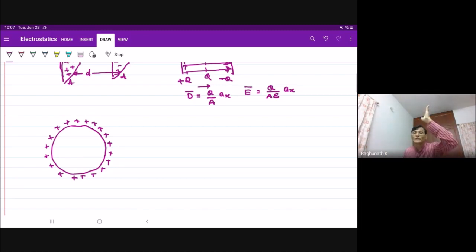They intersect at the center, but they cannot intersect. Intersect means what? There are two fields at a point. At a point, there cannot be two fields. There can be only one unique field. It comes onto the surface, because they repel each other and try to be at the maximum possible distance.